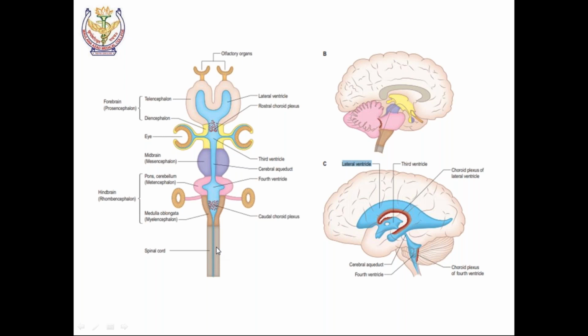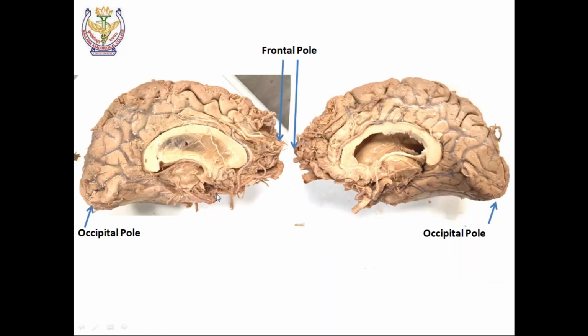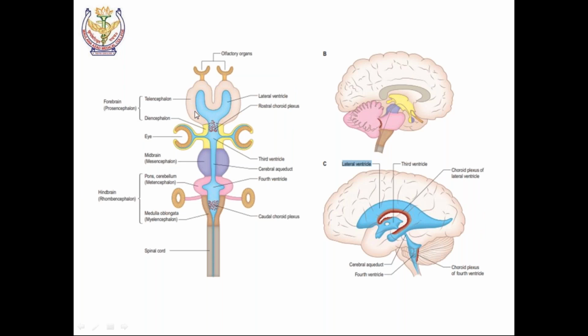So the lumen of this tube is going to get dilated at a few places. In the telencephalonic part, because it divides and forms 2 enlargements called the 2 cerebral hemispheres, the lumen also gets divided into 2, and that is how the 2 lateral ventricles are formed.